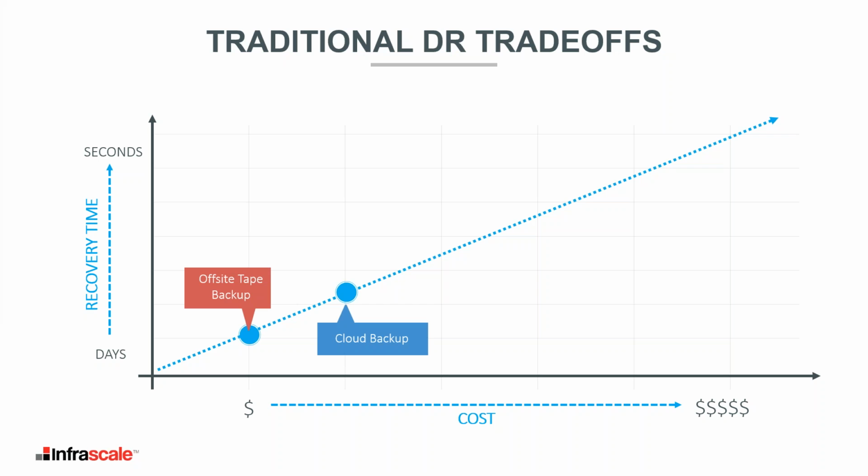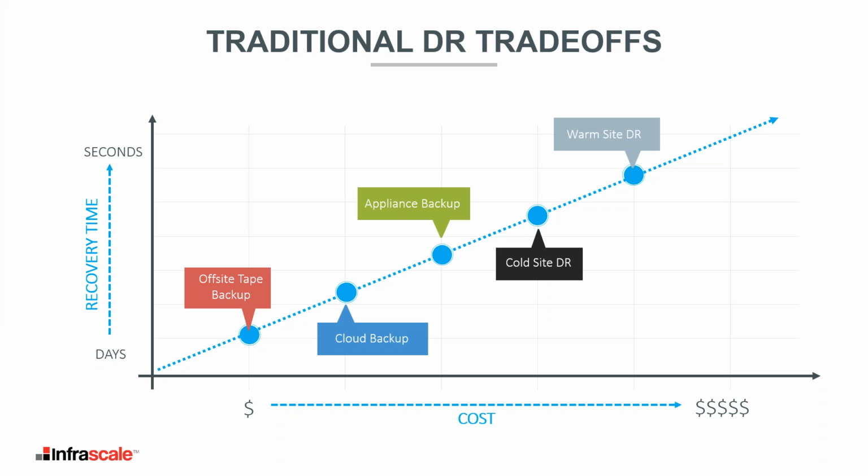And then appliance backup, something that really combines the benefits of some of those previous methods. It's faster. You do end up with something that's reasonably reliable, affordable, and that's what a lot of people are using today. And then other DR solutions along the whole continuum, cold site, warm site, hot site DR. You still have to make that trade-off between speed and cost anywhere along the scale.